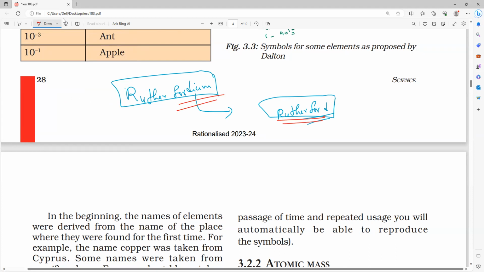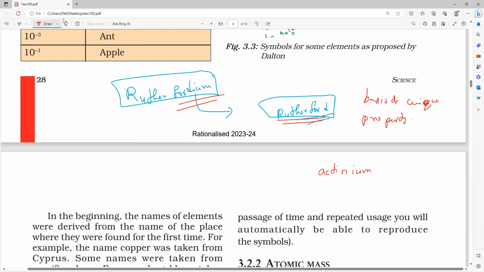Next, some elements are named on the basis of a unique property, meaning the property of that material is not shown by any other element. For example, actinium. How many of you know actinium?